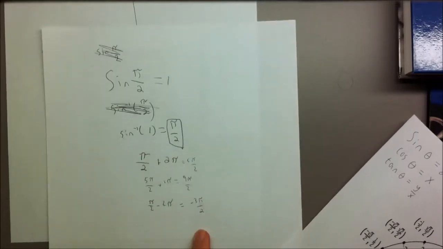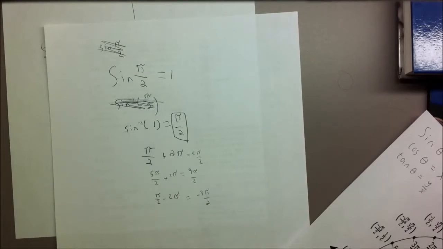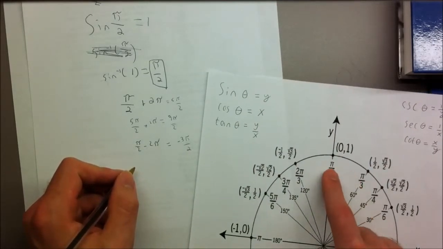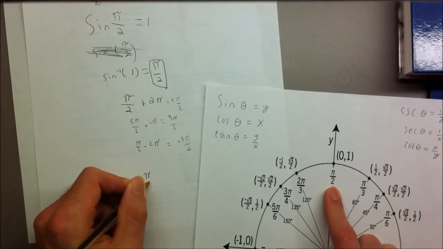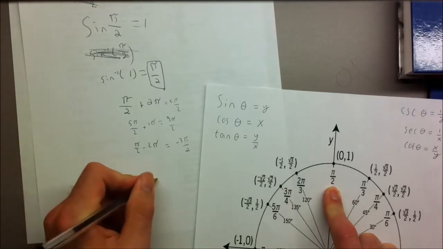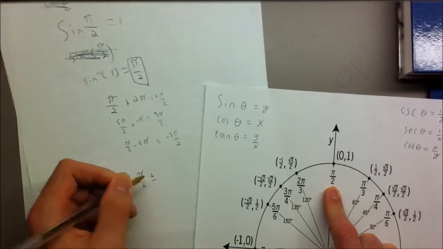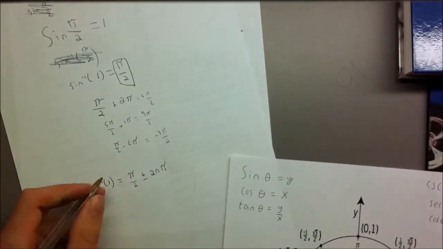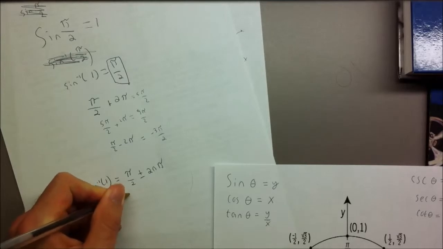So there's infinitely many, and so we're going to use a notation because there's infinitely many of them. We found on our unit circle pi over 2. So let's write down pi over 2. Here's our answer to the question, where is sine equal to 1? Our answer would be pi over 2 plus or minus 2n pi. Basically, n can be any integer.